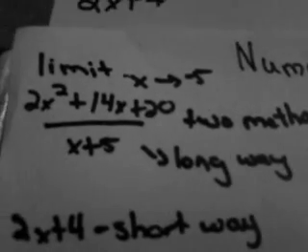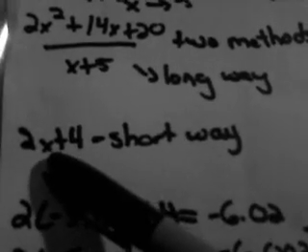In the long way, we have to input three numbers higher and lower than -5. In the short way, it's a bit easier. But here I'm going to explain real quick how to do it the long way.